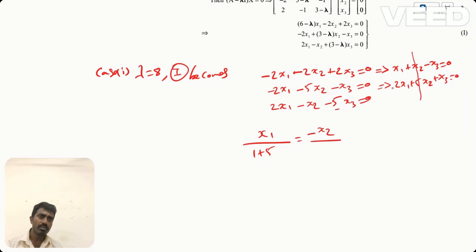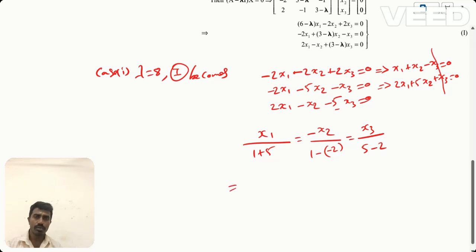So 1 minus 2, which is equal to x3 divided by, now remove the x3 column, then find the remaining determinant of the coefficients. So 5 minus 2. So which implies x1 by 6 equal to x2 by minus 3, which is equal to x3 by 3.